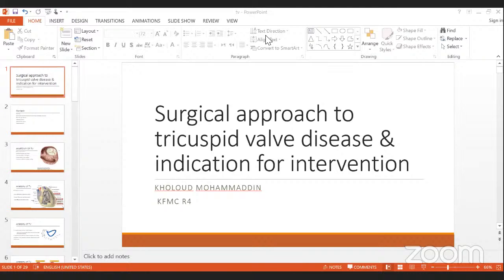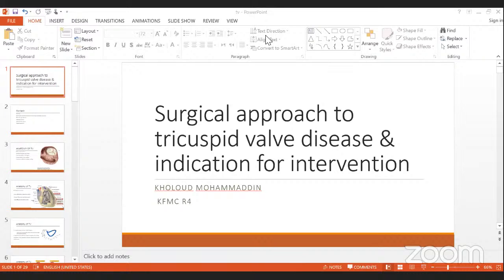They inserted 2 fingers, like 2 centimeters, and it was a little more than 2 centimeters. So the decision was made not to repair. The idea is that with rheumatic disease, when you repair it, the process of rheumatic heart disease will continue, so the repair will fail. This is why they do replacement in those patients.